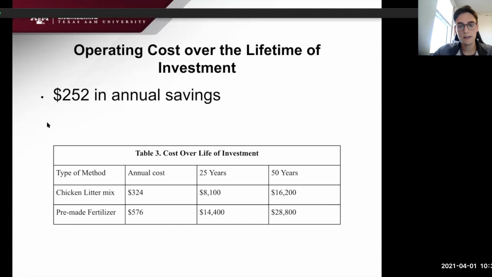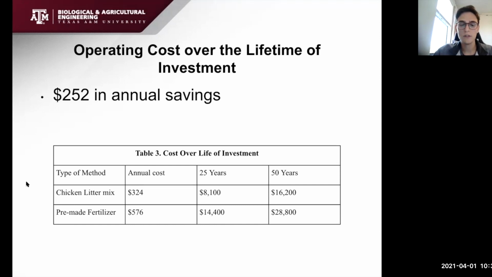If we look at a cost over life of investment, we can look at our chicken litter mix, and in 25 years, it would cost him $8,100 compared to the pre-made fertilizer mix of $14,400. This is a saving of $6,300 over the 25 years.